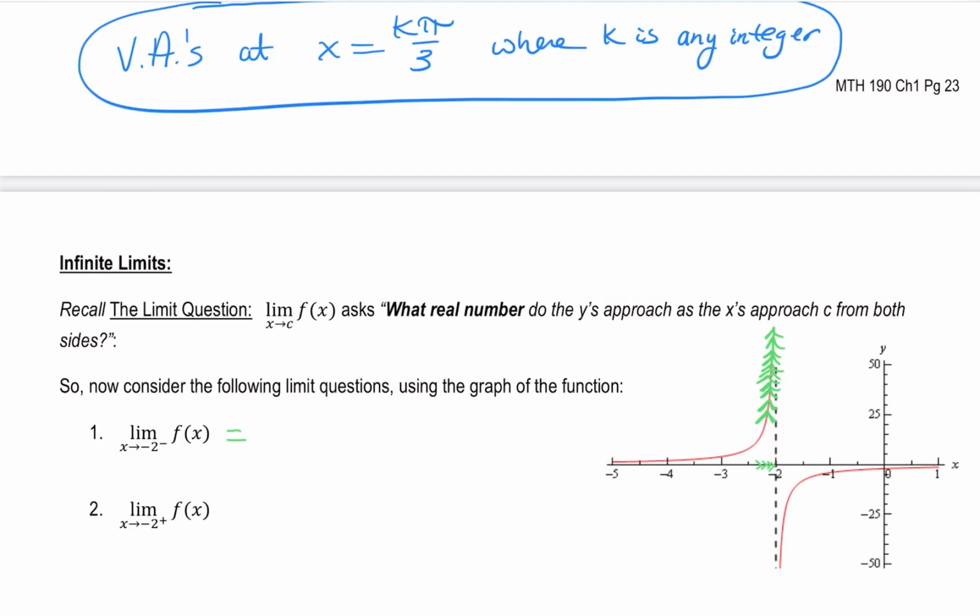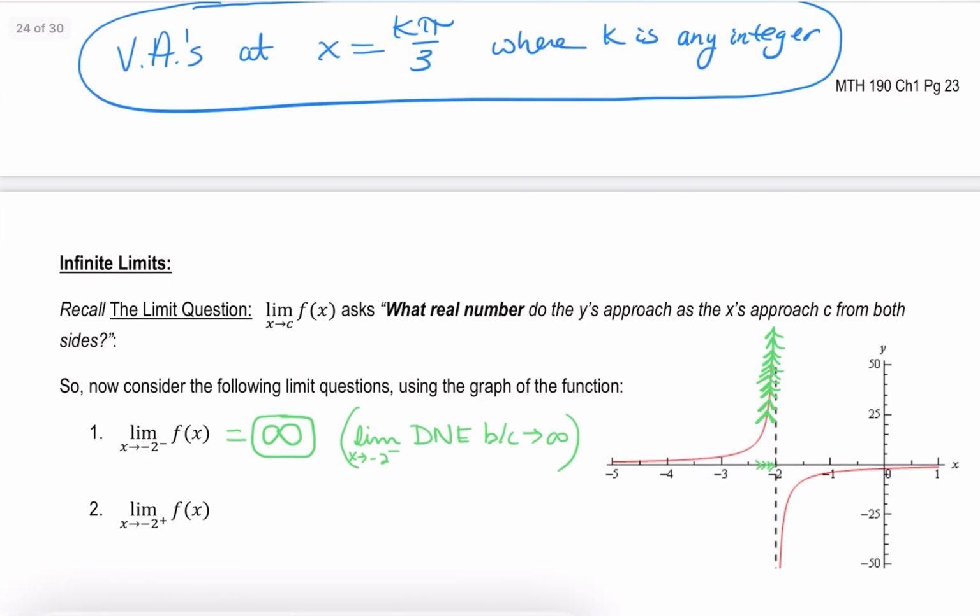And it's okay to say that, but what we really want to realize is that when we say these values are going to infinity, we're really condensing in that statement that this limit actually does not exist because it is going to infinity. It's packaged in that statement that this limit, as x approaches -2 from the left, doesn't exist because it's going to infinity.